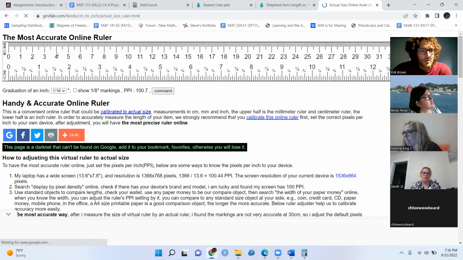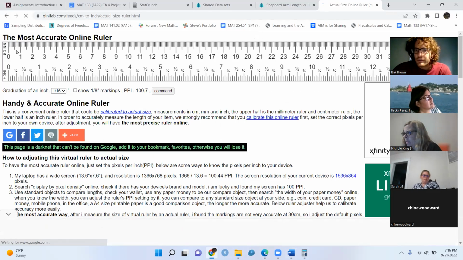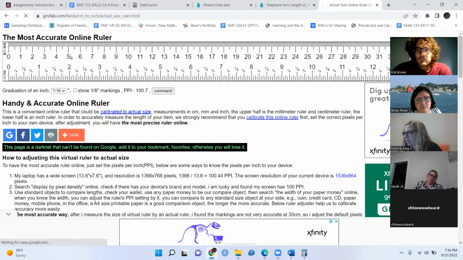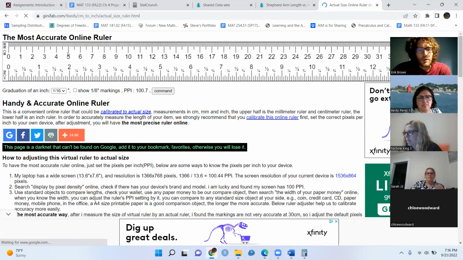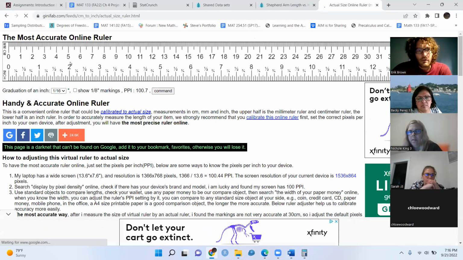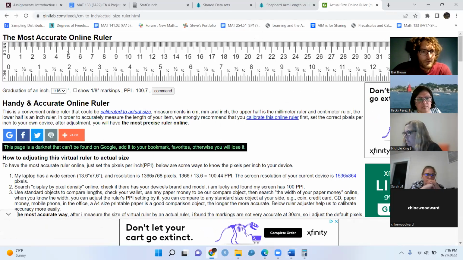I think even a newborn has a forearm longer than that. That's pretty small. So that's the idea, a 5-inch forearm. Wait, is this centimeters? Oh, I'm sorry. Here's 5 inches. That was centimeters. So 12.7 inches, I guess that's sort of reasonable.